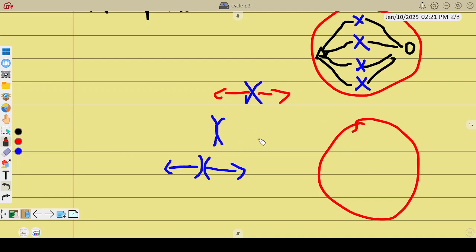Here we're going to have the chromatids being pulled. This is the first one, it's been pulled like that, and then the other one, and the other one, like this.